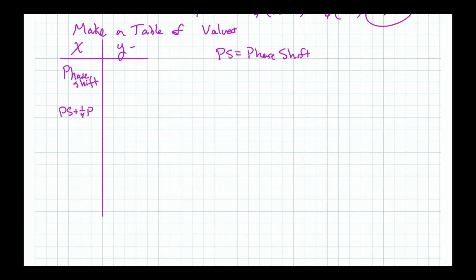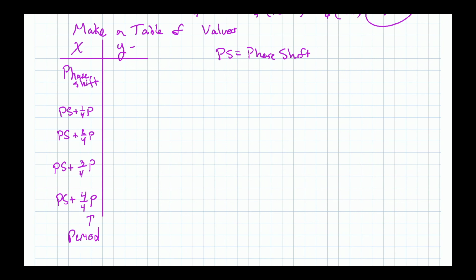The next one's going to be phase shift plus a half period. Or if you want to think of it in quarters, 2/4 periods. And then phase shift plus 3/4 periods. And then PS plus 4/4 periods. Okay? So the P there is period.